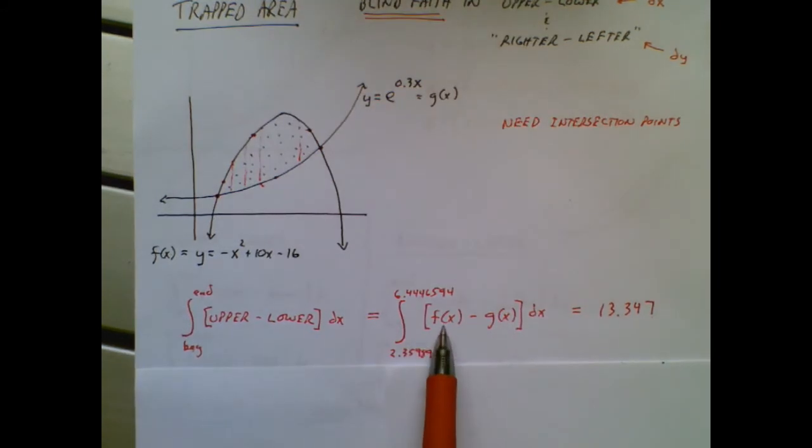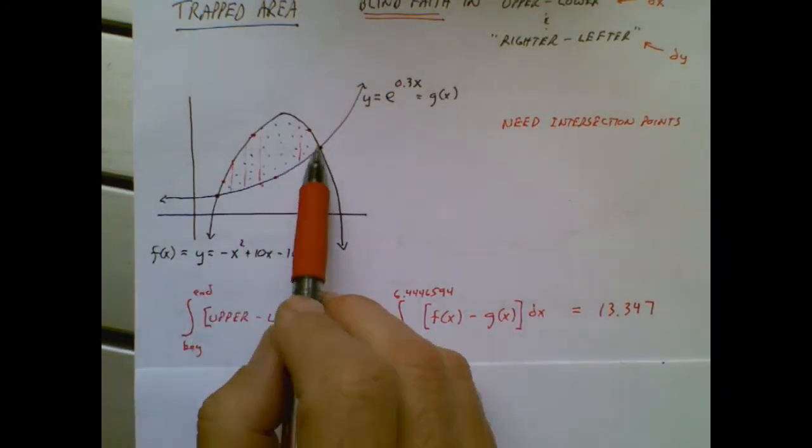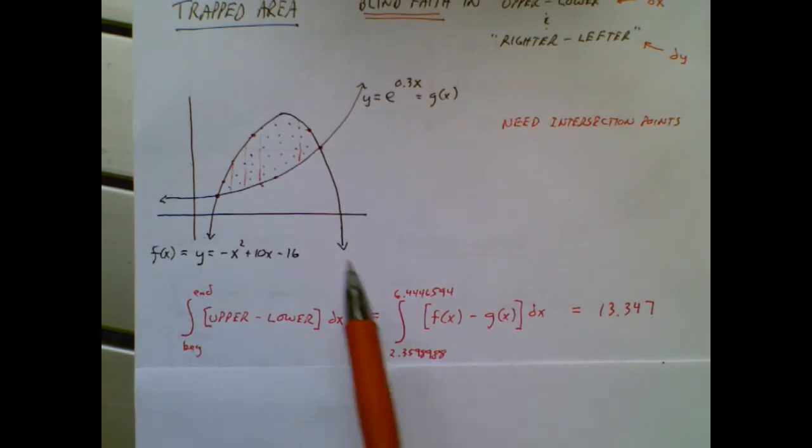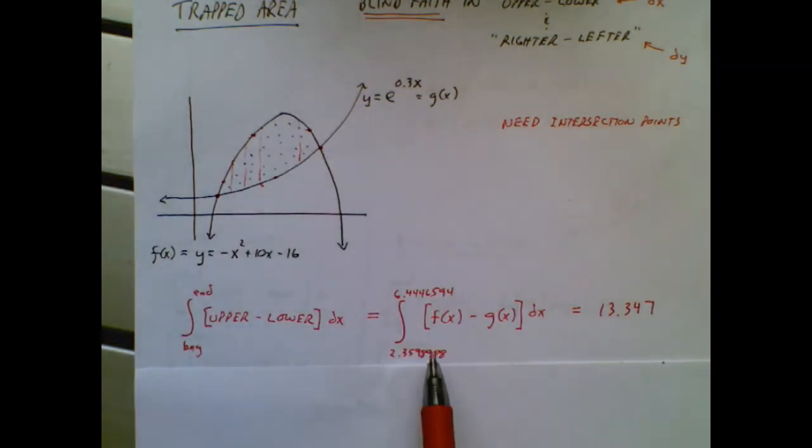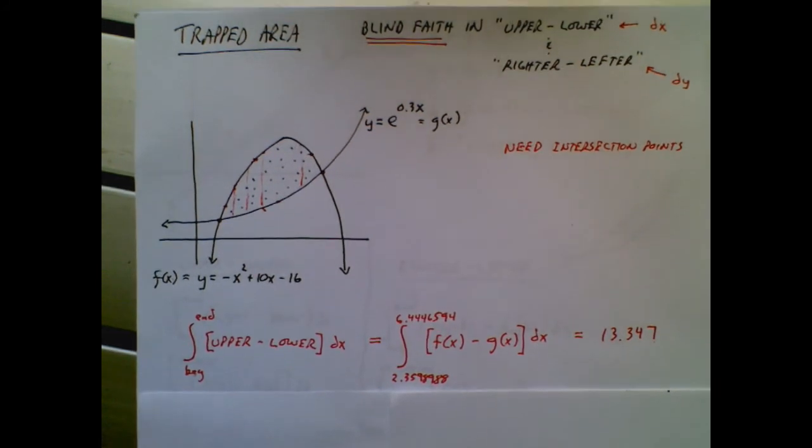But f of x is my upper function, that's the upside down parabola. g of x is the lower function. So that polka dotted area is really just the upper minus lower integral. And there I have my final answer. It is as easy as that. Just use your blind faith in upper minus lower.